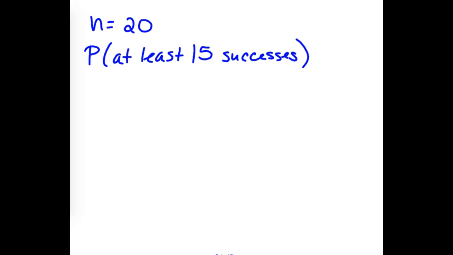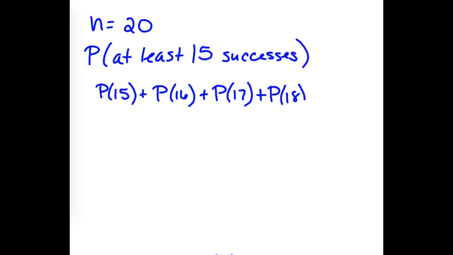If I said out of those 20 trials, I want at least 15, which ones would I have to calculate? I'd have to figure out the way to get 15, the way to get 16, the way to get 17, the way to get 18, the way to get 19, and the way to get 20. If I asked you to do the whole probability distribution, you'd have from 0 to 20. Don't worry, I'm not going to ask you to do that.